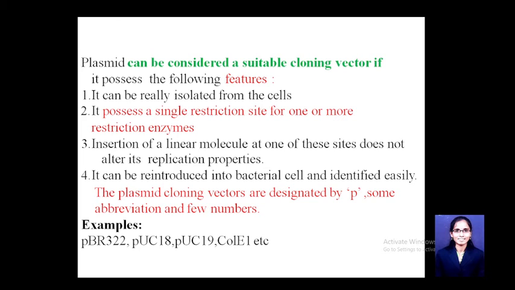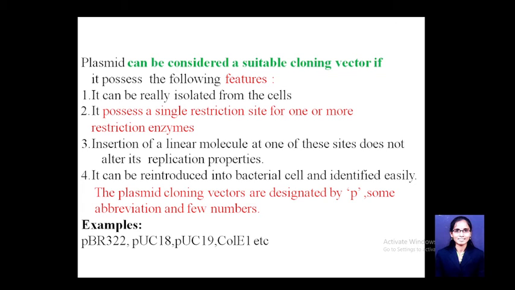Plasmids are suitable as cloning vectors because they have four best characteristic features: they can be easily isolated, they possess restriction enzyme sites, they have an independent mode of replication, and obviously they are easy to handle.